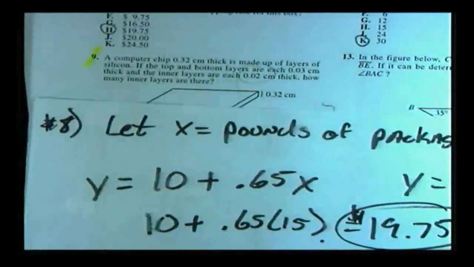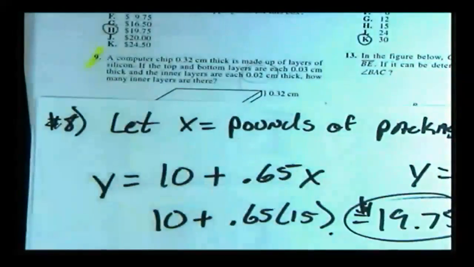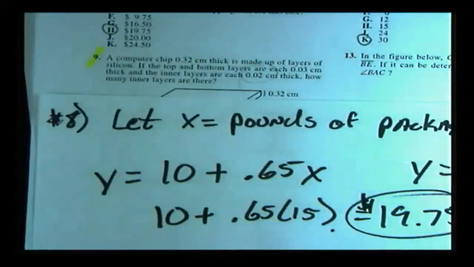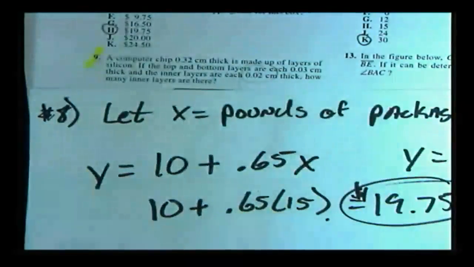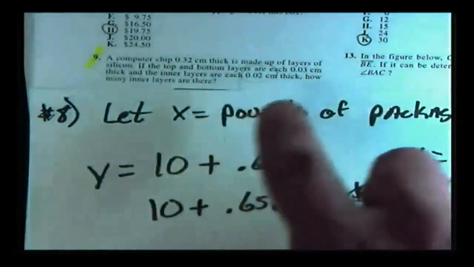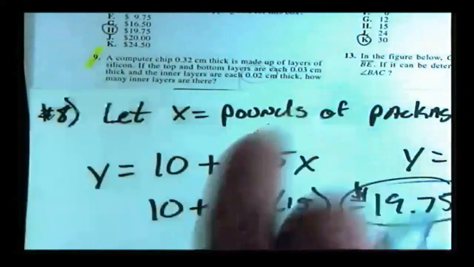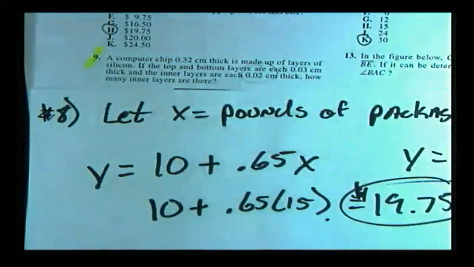So now that I've let X equal the inner layers, I'm going to read this again. A computer chip, 0.32 centimeters thick, so its total is 0.32 centimeters. It is made up of layers of silicon, the top and the bottom.